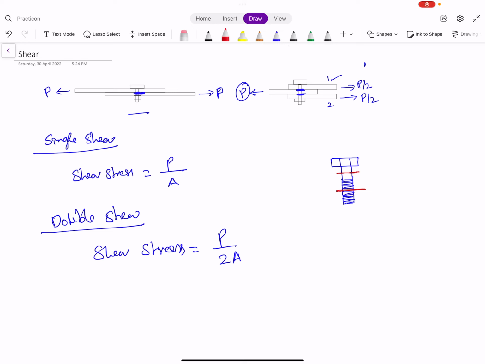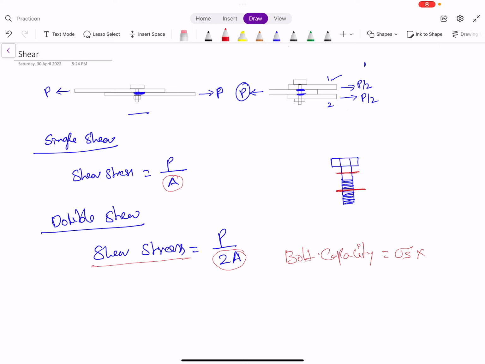So when you calculate the strength of the bolt, that means the total capacity of the bolt, bolt capacity equals shear stress times the cross-sectional area, either one times or two times depending on single shear or double shear.